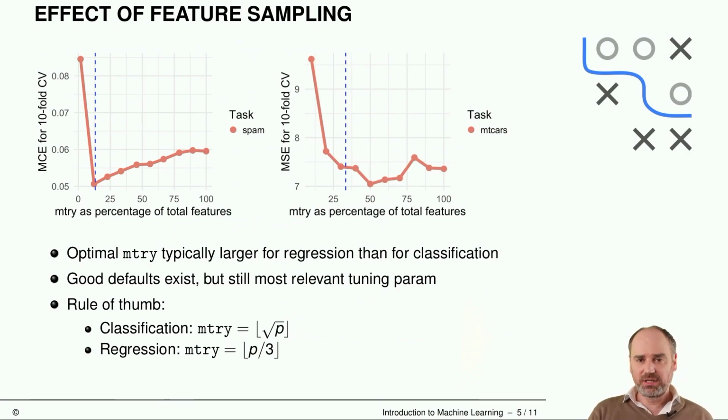I've created here two visualizations, two simple examples. So I use the classification data set, the spam data set, and the mtcars data set for regression, which we've also seen before. And I'm now varying mtry as a percentage of total features in my data set from 0 to 100. And I'm plotting the cross-validated error of these different mtry settings.